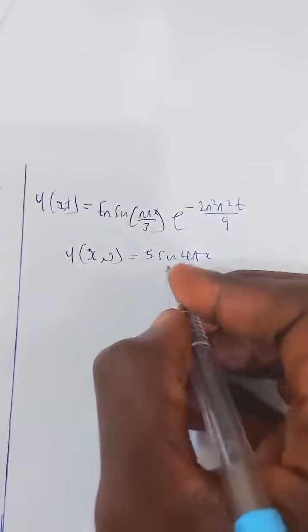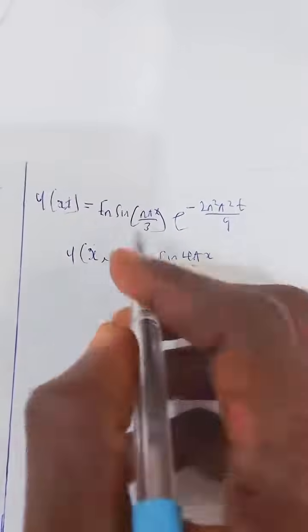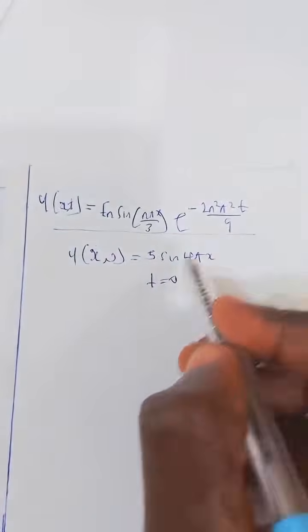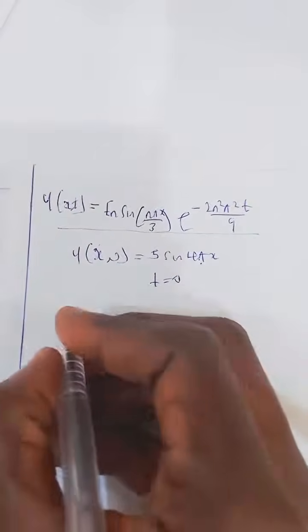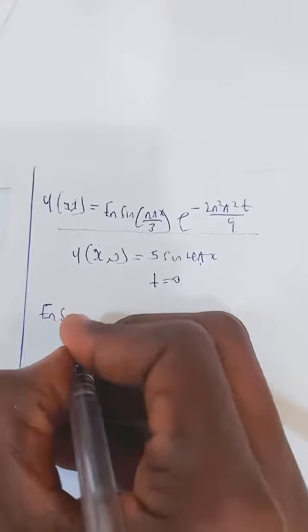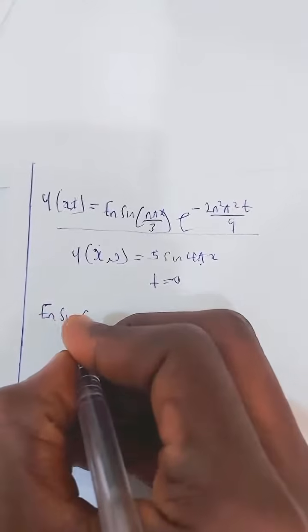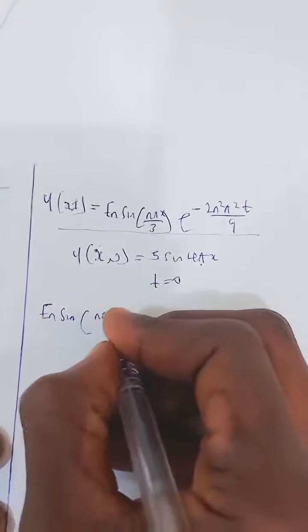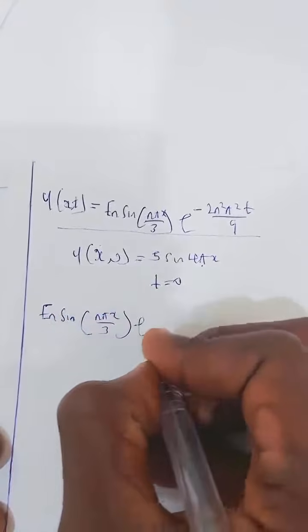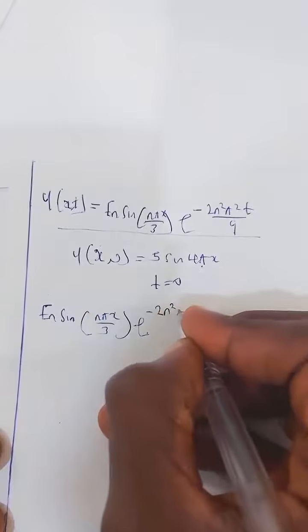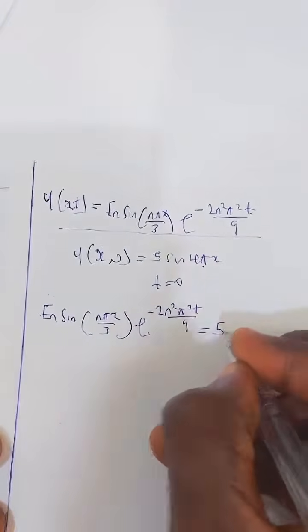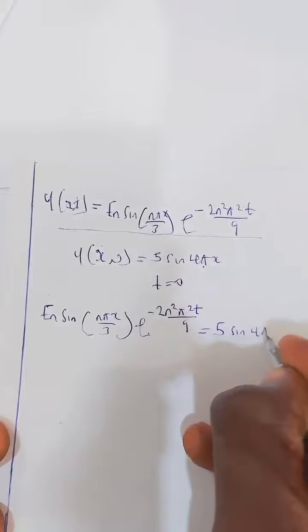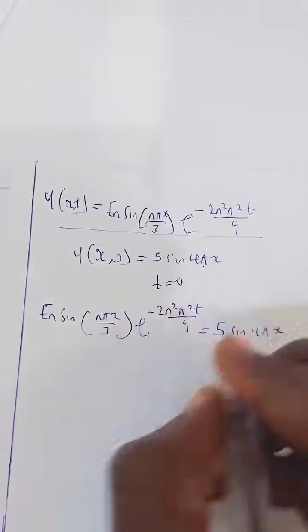So what this means is that when t equals 0, we substitute t equals 0 into the general equation, then equate it to this. By doing that, I have e subscript n sine all into bracket n pi x over 3 exponential negative 2n squared pi squared multiplying t over 9 equals 5 sine 4 pi x.